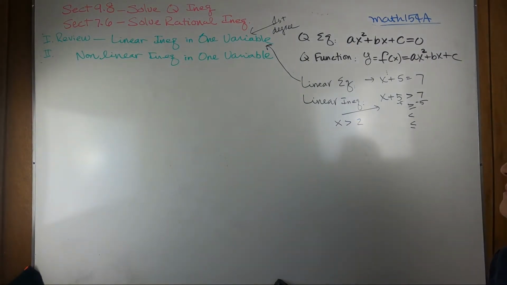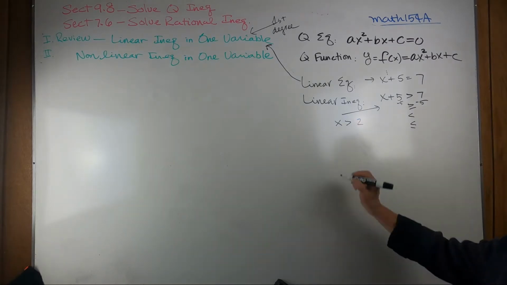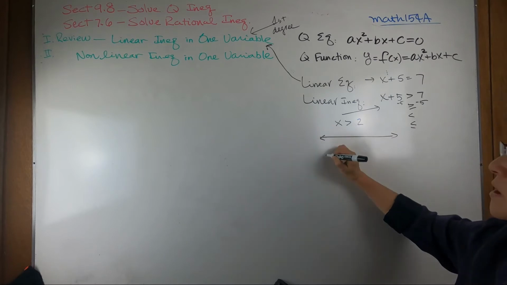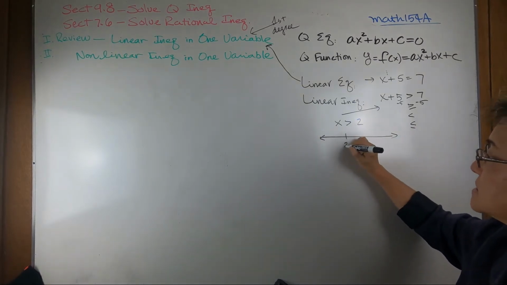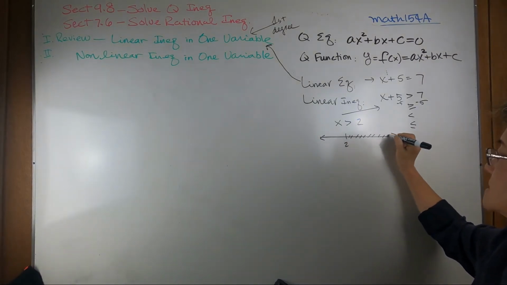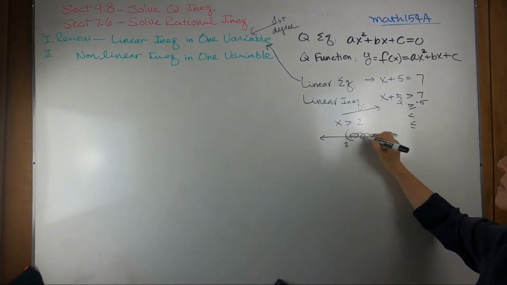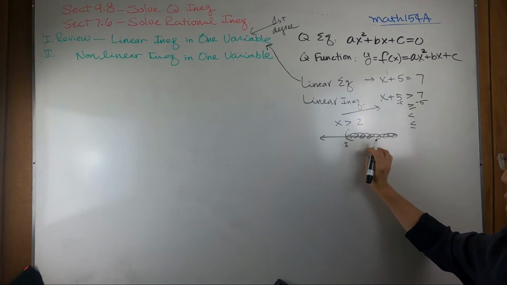It may have many answers. So what do we do to answer the question? For all the x's, we did it by graphing, that's 2, with all the answers marked on the graph. That's one way to show.